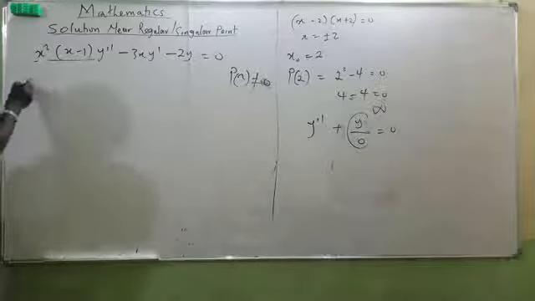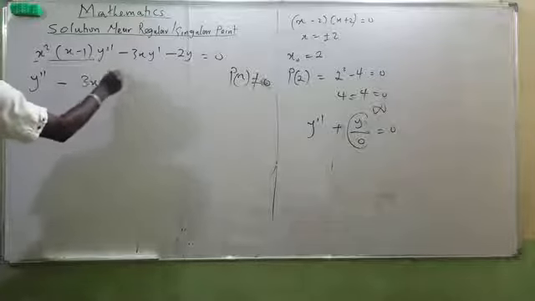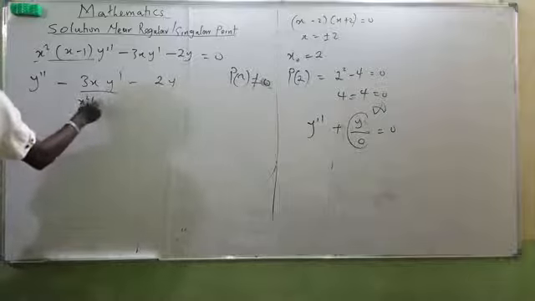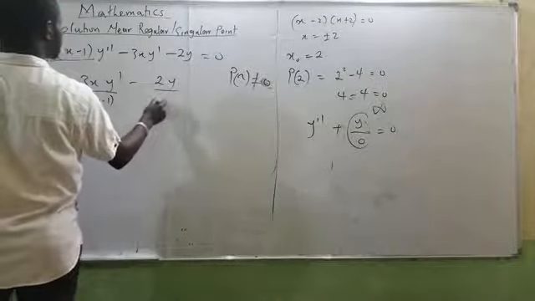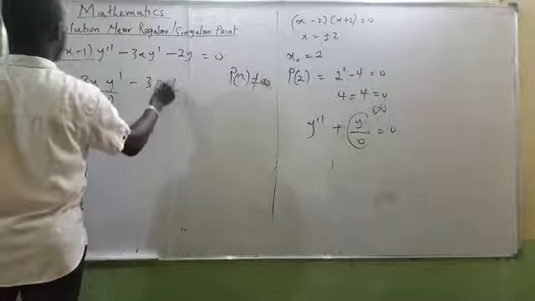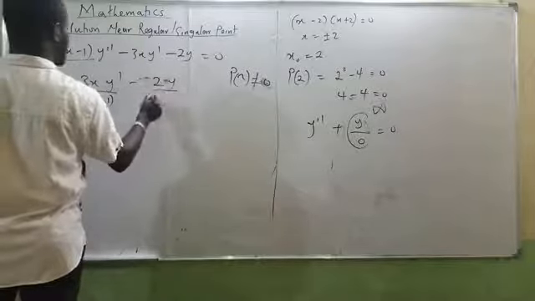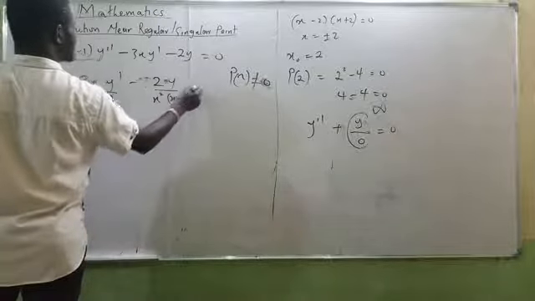Now I can decide to have y prime prime minus 3xy prime minus 2y, divided by x squared minus 1, and here will become x. I think I'm having 3x. Okay, this will be 2y, x minus 1 equals 0.